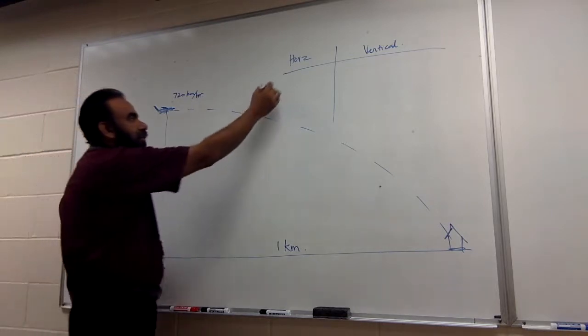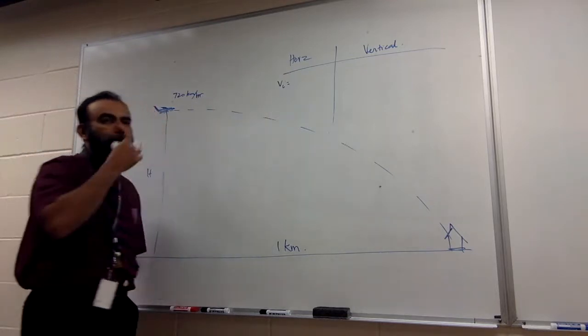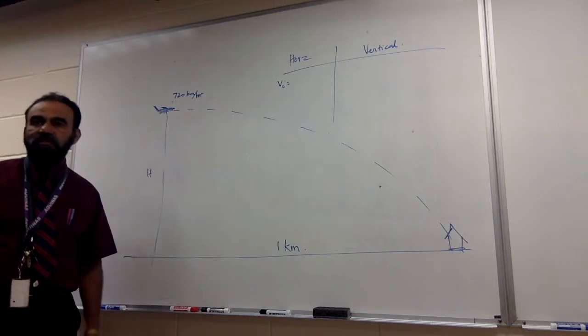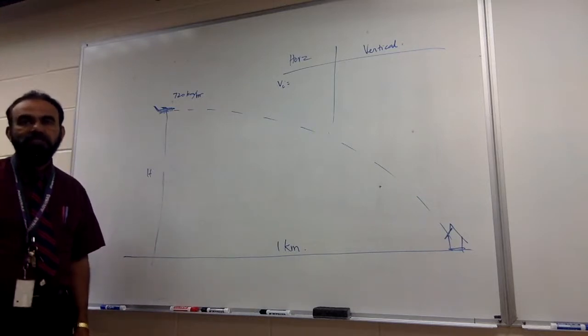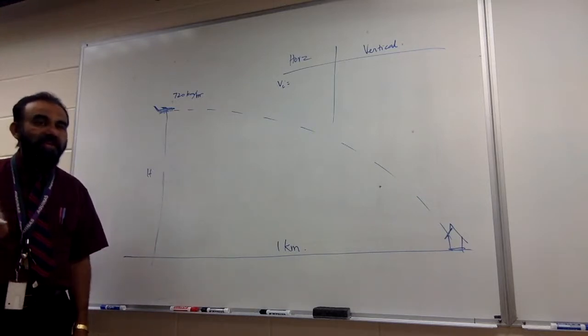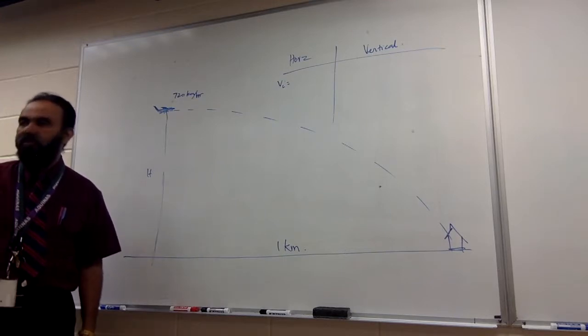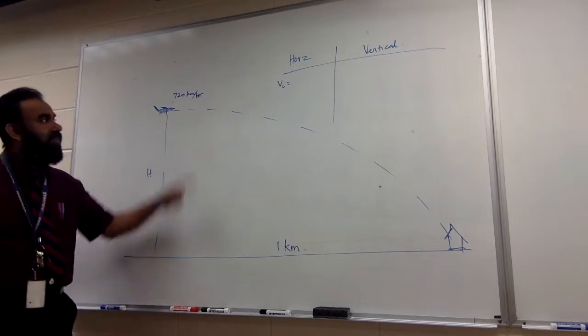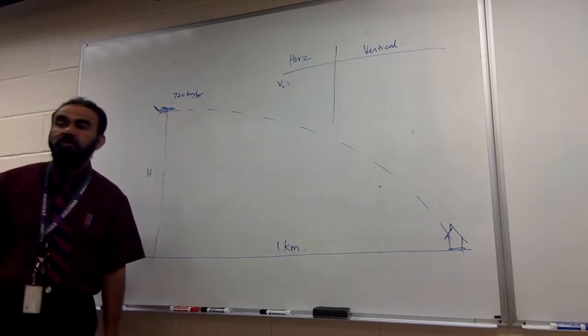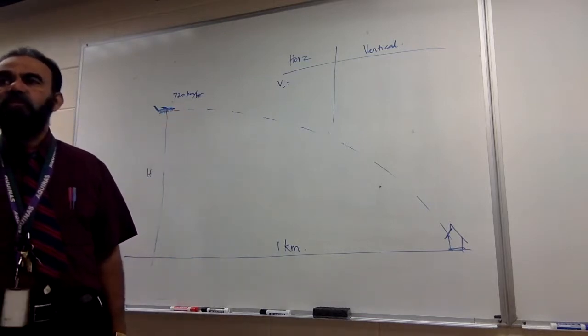What is the initial horizontal velocity? 720. But remember, the unit is not something I like, because we're going to use gravity as 9.81 meters per second squared. So never keep anything else in hours or kilometers or miles. Change this from kilometers per hour to meters per second. What do you do to change it quickly?